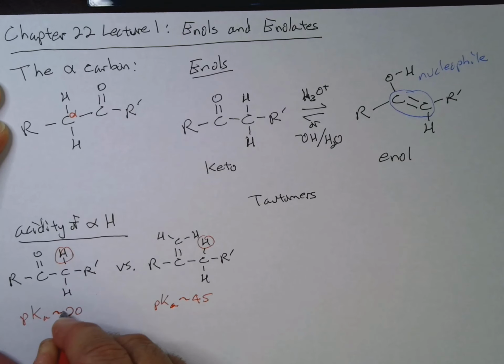So it's a much stronger acid than for an alkene, if we had a carbon alpha to a C=C double bond.